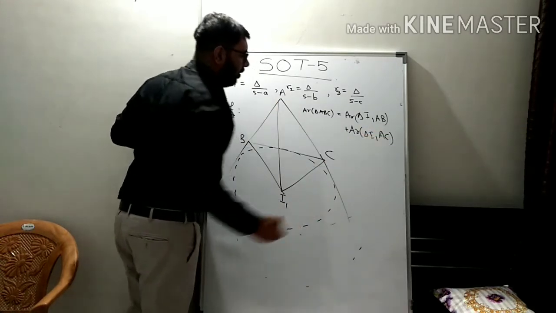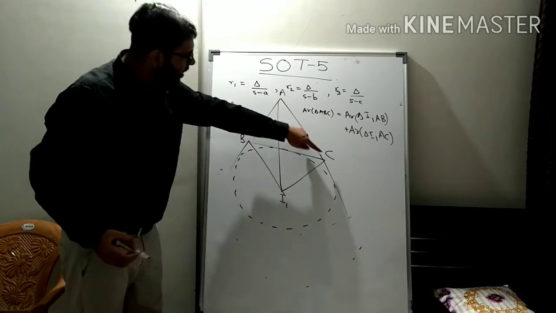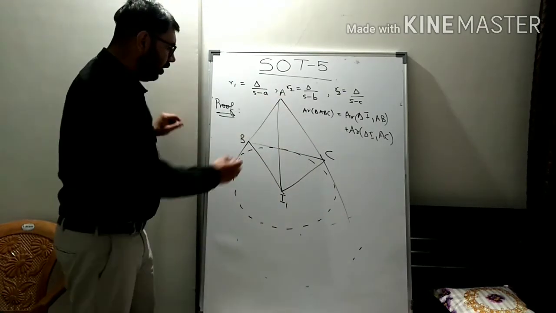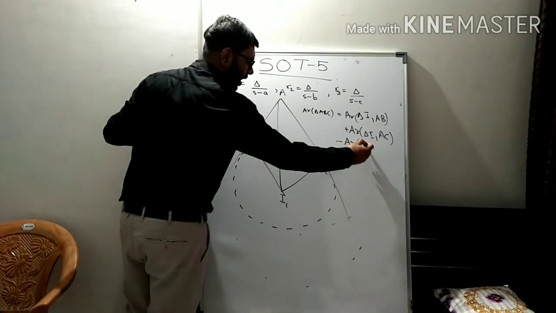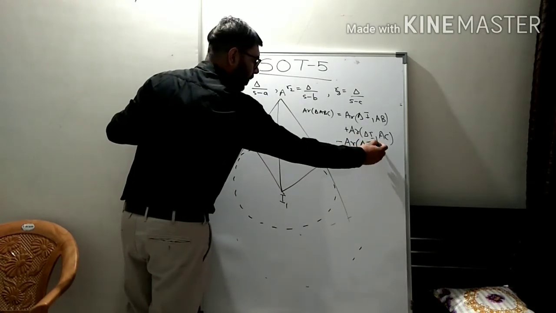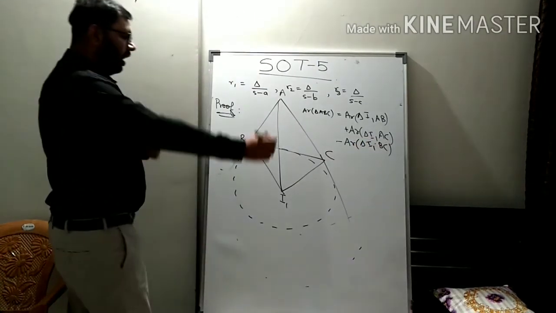We have added these two triangles I1AB and I1AC, but I am interested in finding the area of this triangle. Therefore, I need to subtract this area, which means minus area of triangle I1BC.